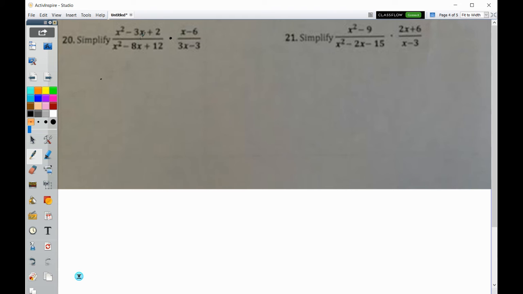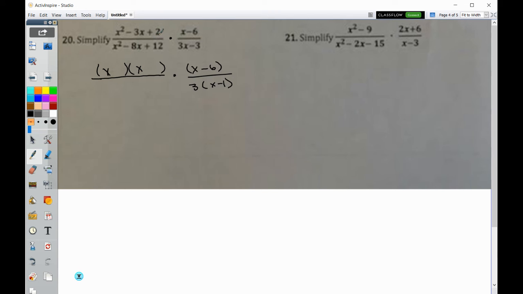So let's start with this side over here. I've got times x minus 6, that's as far as that one can go. This one right here, I can take a 3 out, x minus 1. So that might be helpful, maybe not, I don't know, but I'm going to get it like that. This numerator, I know that I'm going to factor this thing here. I've got x.